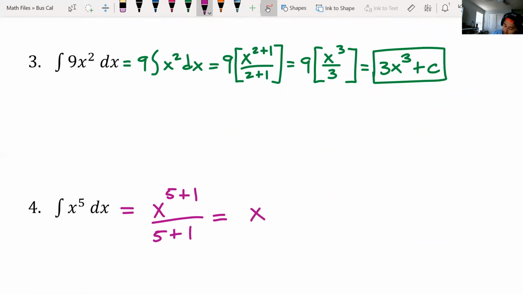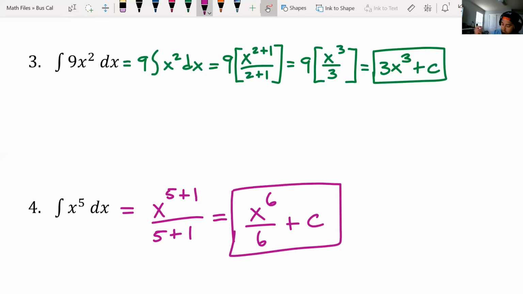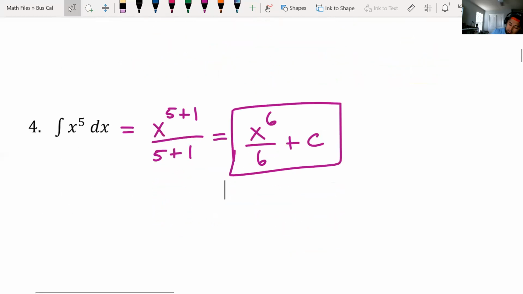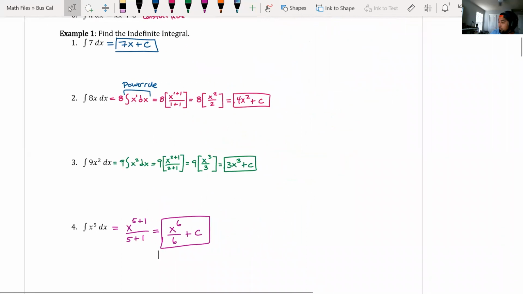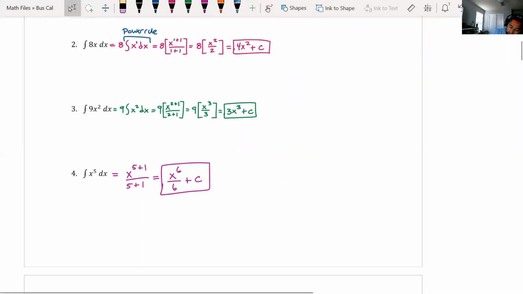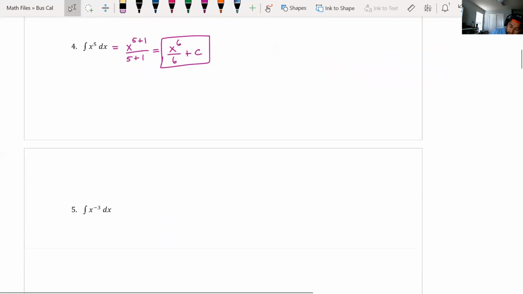And we get x to the 6 over 6 plus c. That's it. And that's the first page. Any questions? Everybody good? Yes. All right. Keep moving.